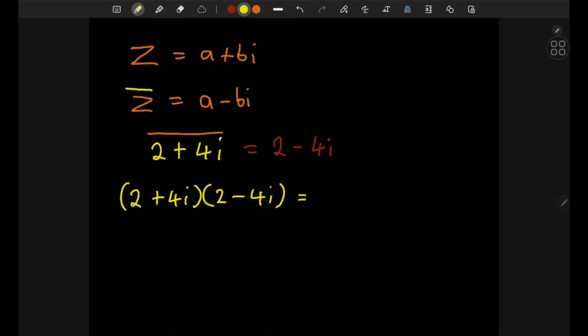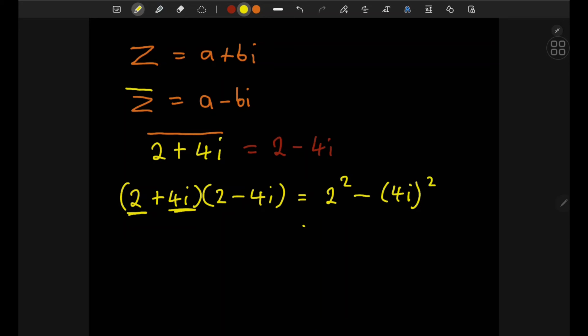So in simplified terms, remember, whenever we have two conjugates multiplying, this is a difference of two squares. So we can square this part and also square this part, then we subtract the two expressions. So if we square 2, that would be 2 squared, minus, we subtract them, then also square 4i.